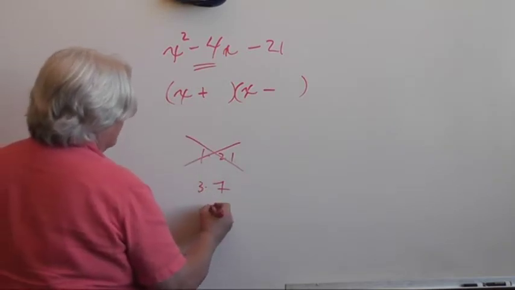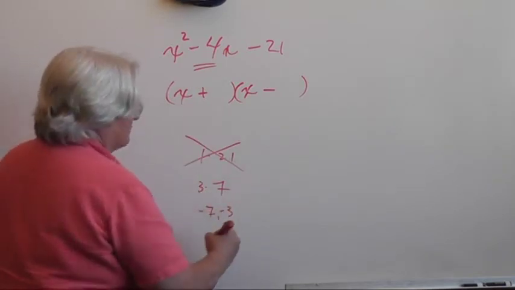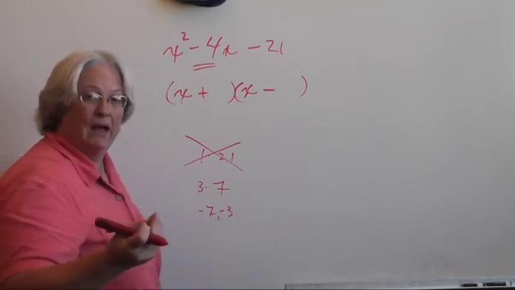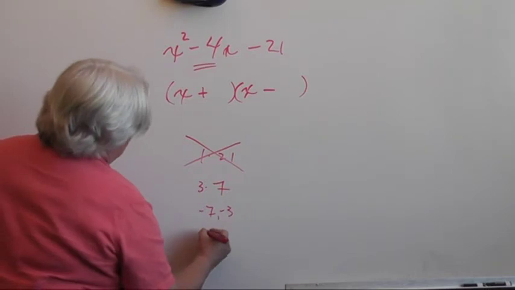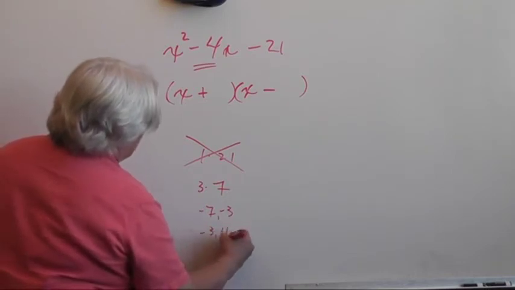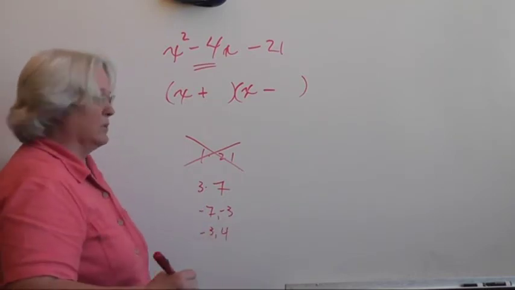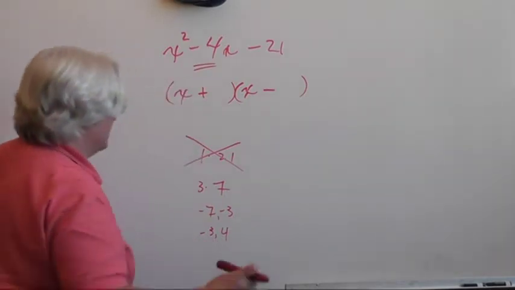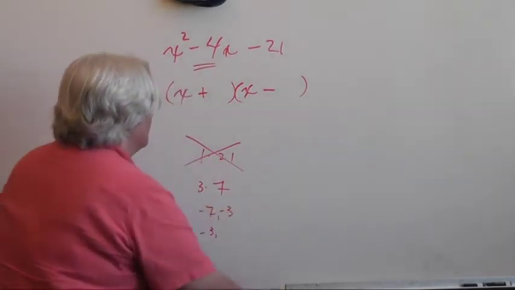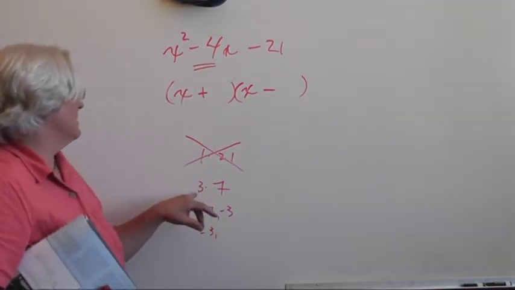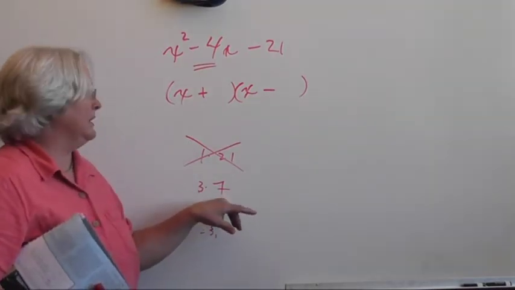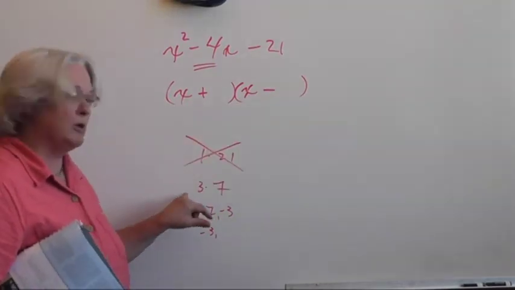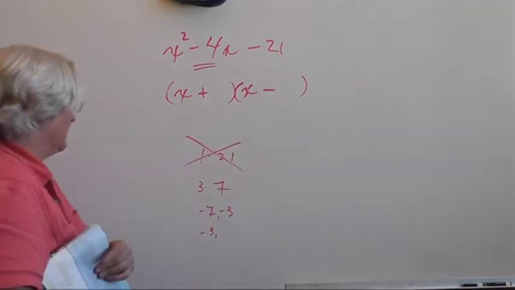A -7 and a -3 doesn't do us any good, because when you add those together, you have a -10. We know that it's not going to be both positives or both negatives, because the signs have to be opposite, so we don't even have to worry about those.